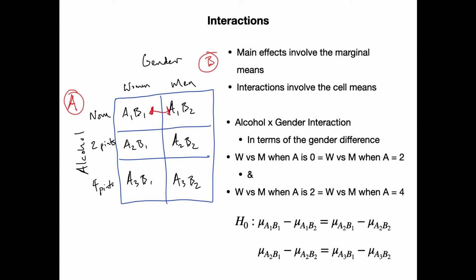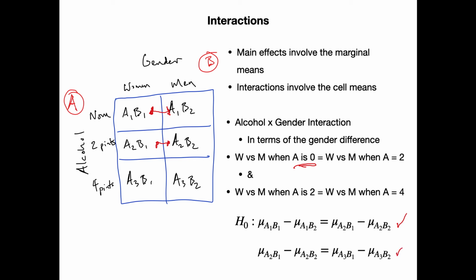Women versus men when alcohol is 0 is the difference between A1, B1 and A1, B2. Is that difference equal to this difference, A2, B1 and A2, B2, which is women versus men when alcohol is 2 pints? That's the first part of it.